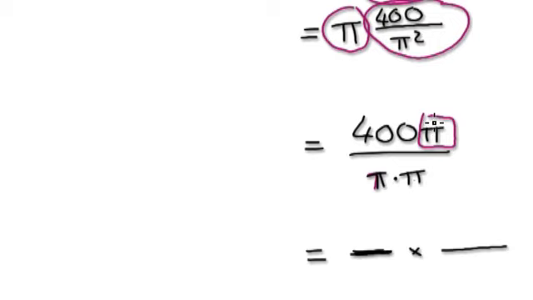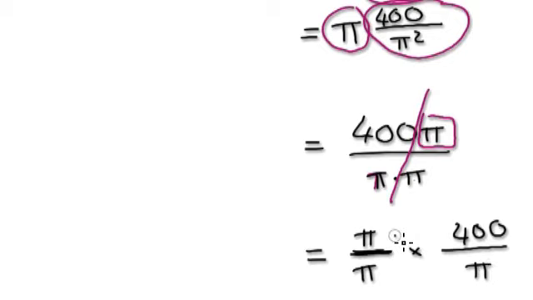So really, I'm going to split it up like this. So really, it's going to be like this: pi over pi here, times 400 over here, and this one, let's do 1 pi remaining.